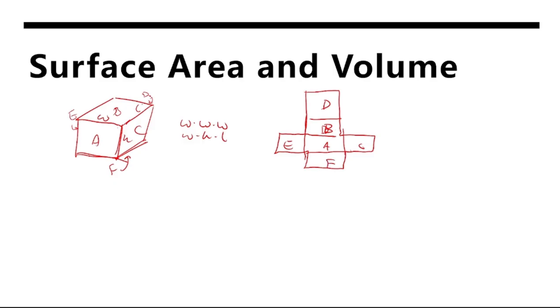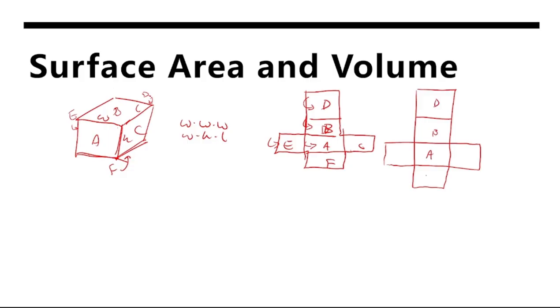And now for the surface area, we'll just add all these rectangles, whatever they are. Let me draw a better one. Okay, A, B, D, F, C, E. So we've got the width, the height, the length.